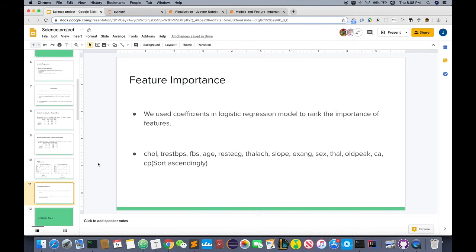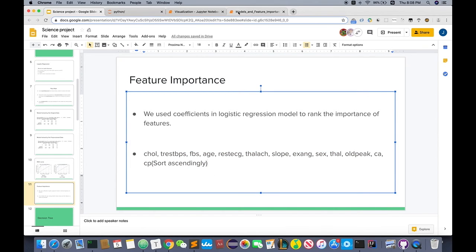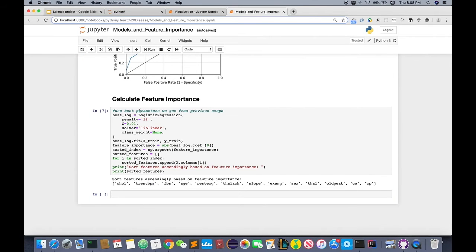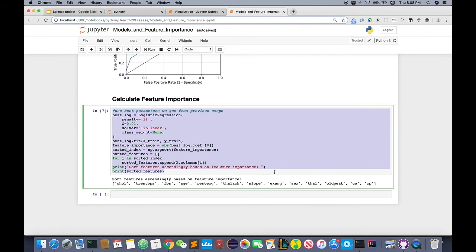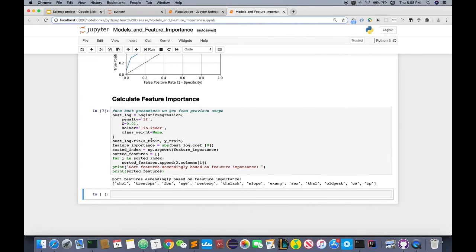Also, we can get some other useful information from the logistic regression. For example, we can see the rank of feature importance, because we can use coefficients in the logistic regression model to rank the importance of features. The rank we got is here, sorted ascendingly, and the code is in this cell. We just simply used the coefficients to sort all the features.